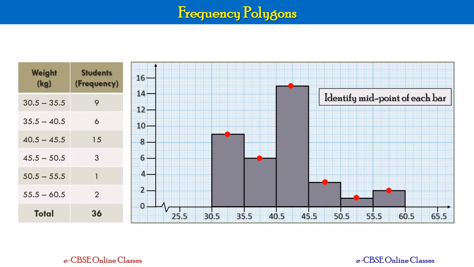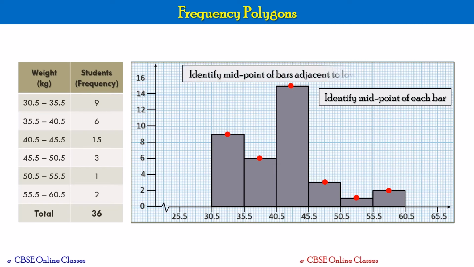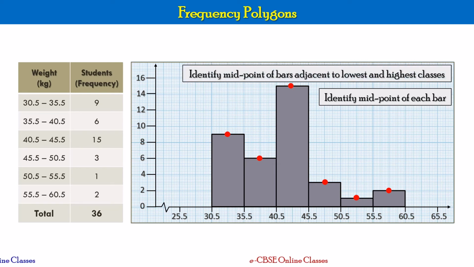Now, in addition to the midpoints of the existing bars, you also need to add 1 point on the left side and 1 point on the right side. So the class below the lowest has a frequency of 0. The class above the highest one also has a frequency of 0. So when you identify the midpoints of the bars adjacent to the lowest and highest classes, you will have 2 more additional dots.